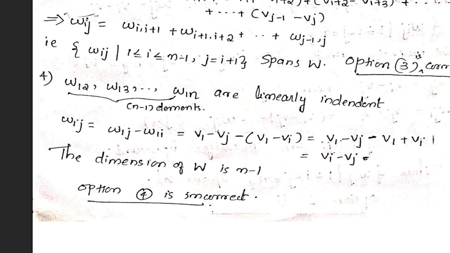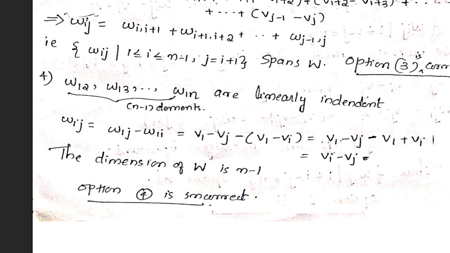So we can write Wij is equal to W1j minus W1i. That is, we can write any element of W as a linear combination of these elements. We take one element Wij from W and now we write this element as a linear combination of these elements. Okay.